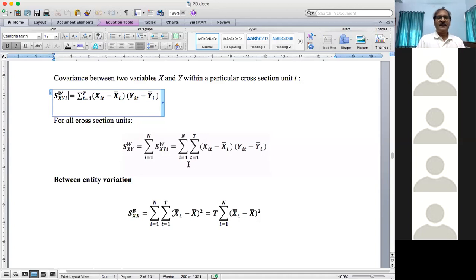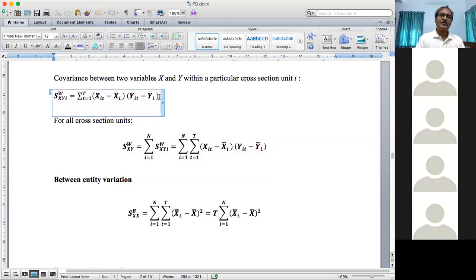For that reason, to calculate covariance in a panel data model, we have to take the double sum if we want to consider the full sample. But for a single cross section unit, we can get this kind of formulation, so here we allow the measurement of covariance to change across each cross section unit.